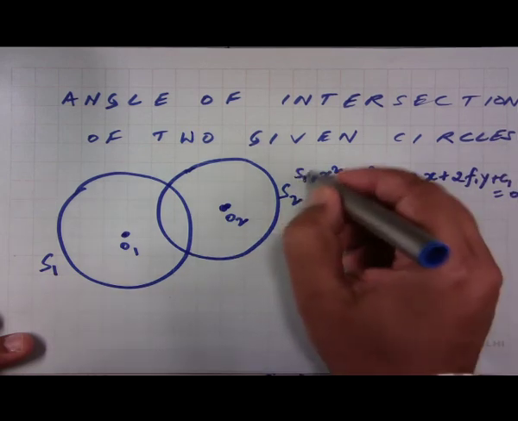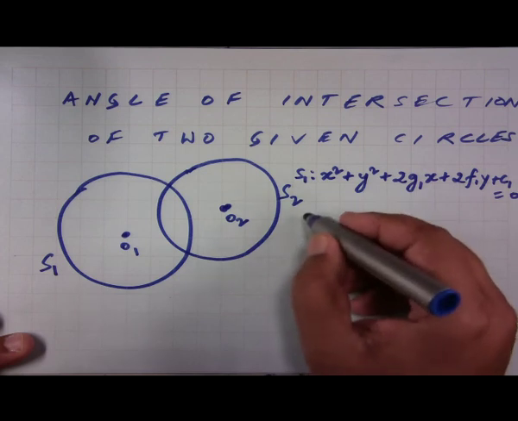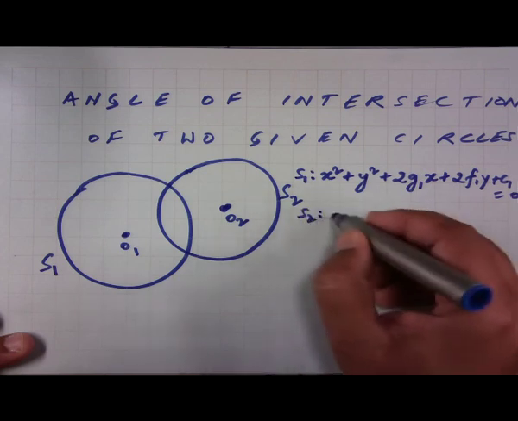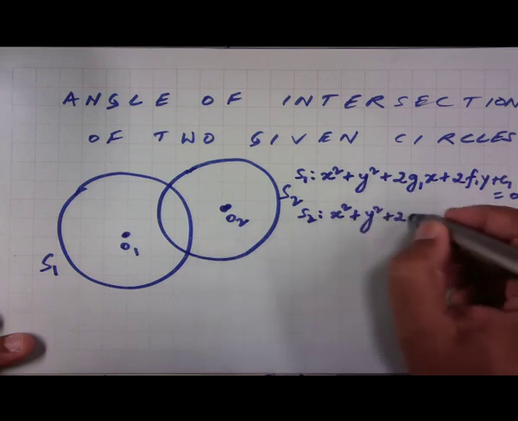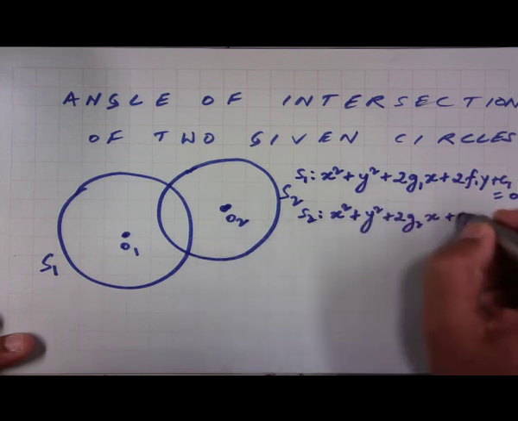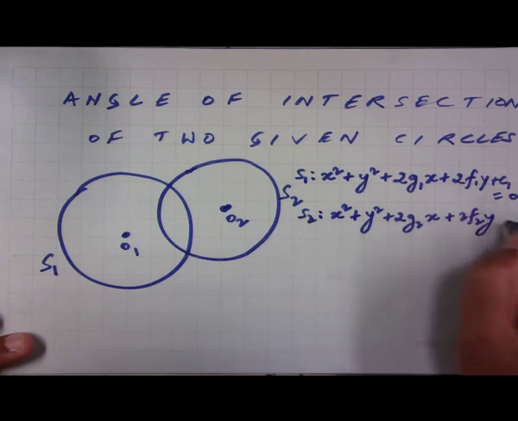So, this is S1, and the equation of the second circle S2 is x square plus y square plus 2g2x plus 2f2y plus c2 equals 0.